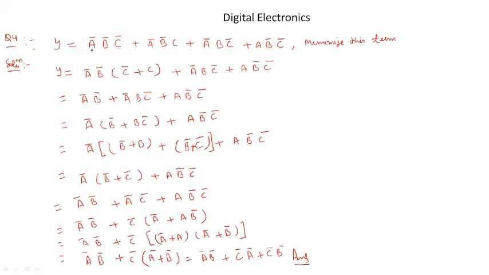y is equal to a bar b bar c bar plus a bar b bar c plus a bar b c bar plus a b bar c bar. We have to minimize this term.